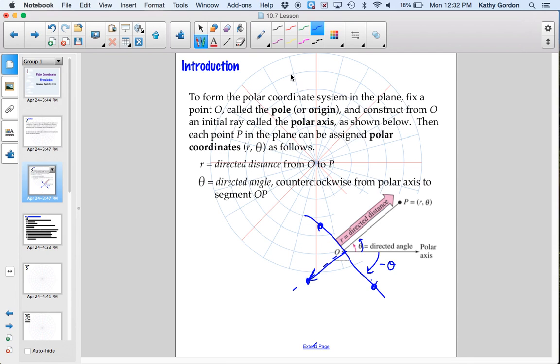If you were to superimpose x and y axes on this, they're still going to go through the origin. Right? So this O that we use as our point, as the pole, would be the same as the origin of an xy coordinate plane.